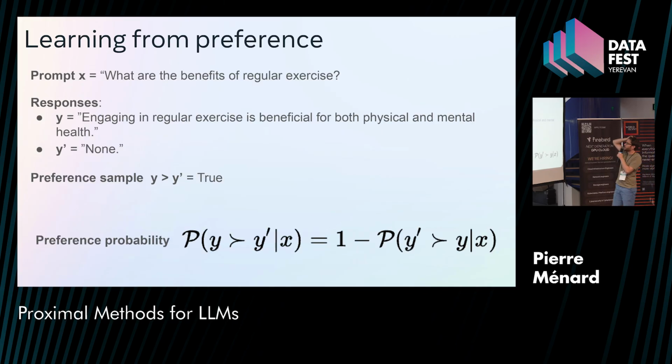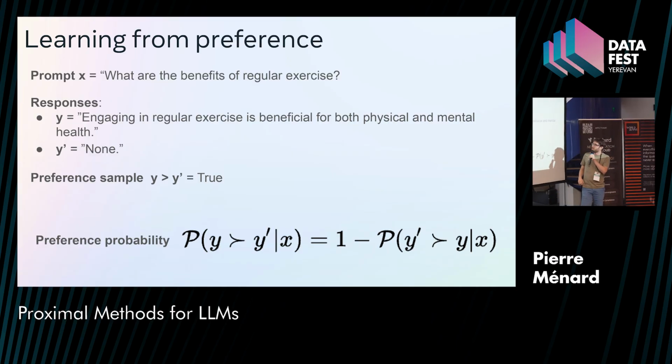As I said, the kind of data we have is a prompt, which is basically an instruction or a question, and two responses. And of course, our preference sample.